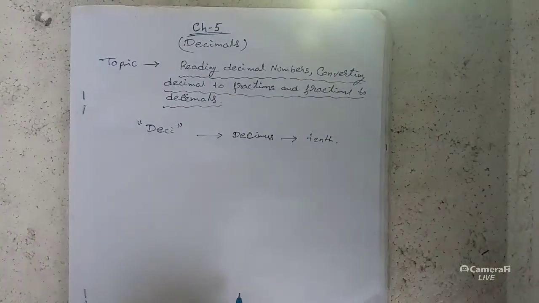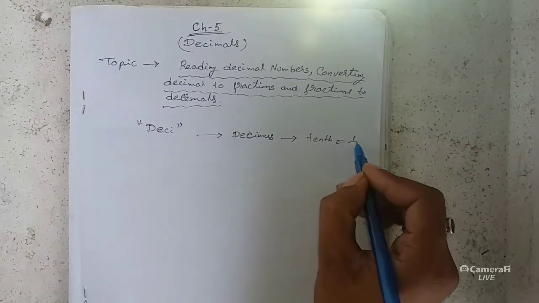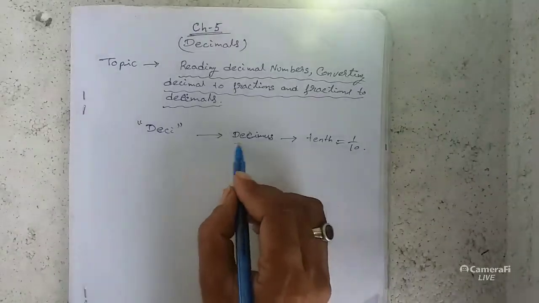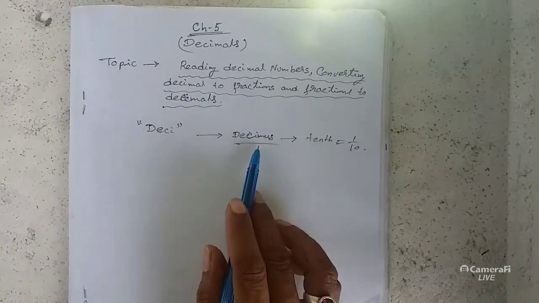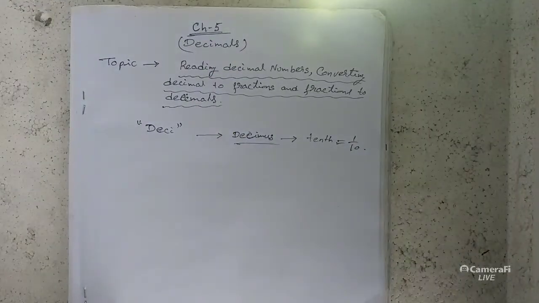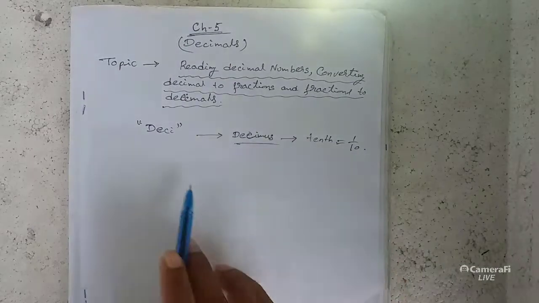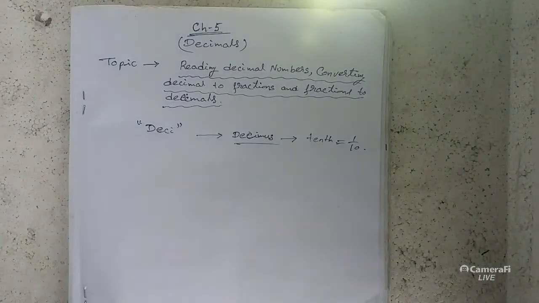It means tenth, means 1 by 10. This decimus is a Latin word. From this decimus, decimals occur, where decimus means tenth, that means deci means 1 by 10.